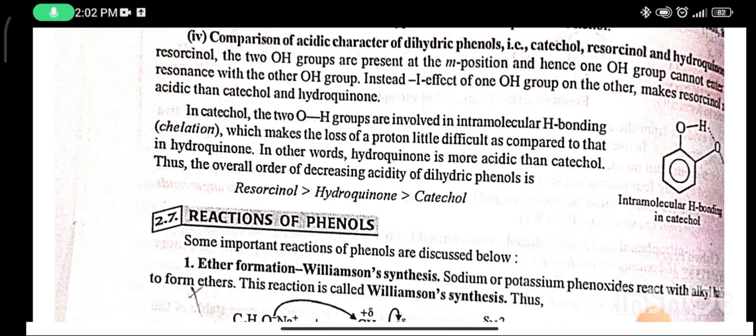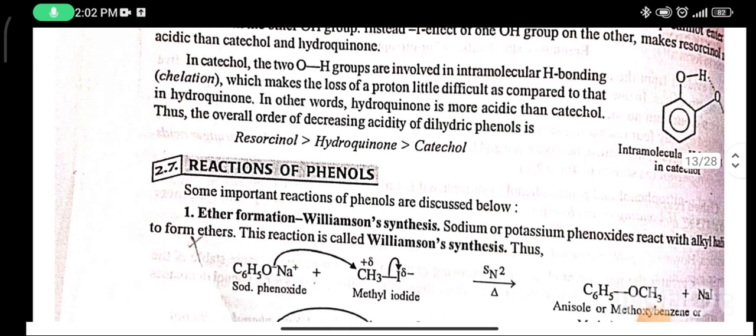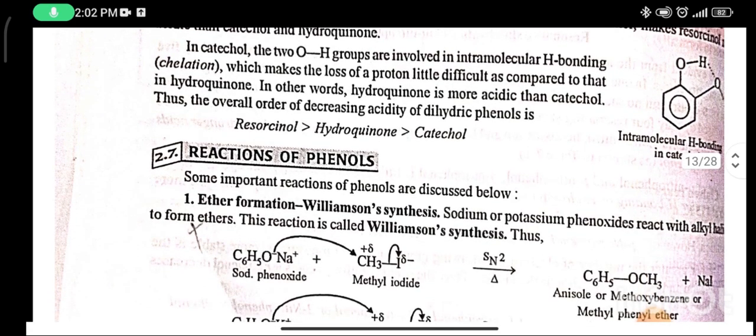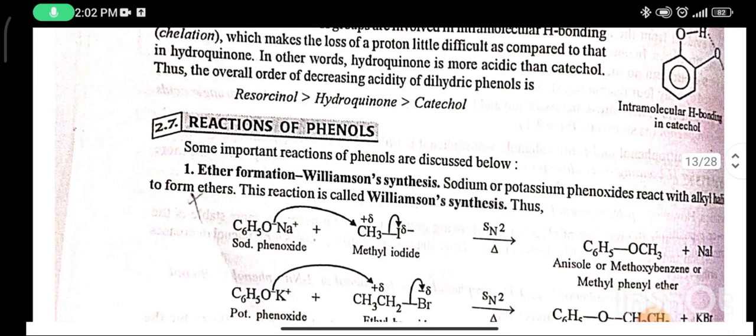In catechol, the two OH groups are involved in intramolecular hydrogen bonding (chelation), which makes the loss of a proton a little difficult compared to hydroquinone. In other words, hydroquinone is more acidic than catechol. Thus, the overall decreasing acidity of dihydric phenols is resorcinol > hydroquinone > catechol.